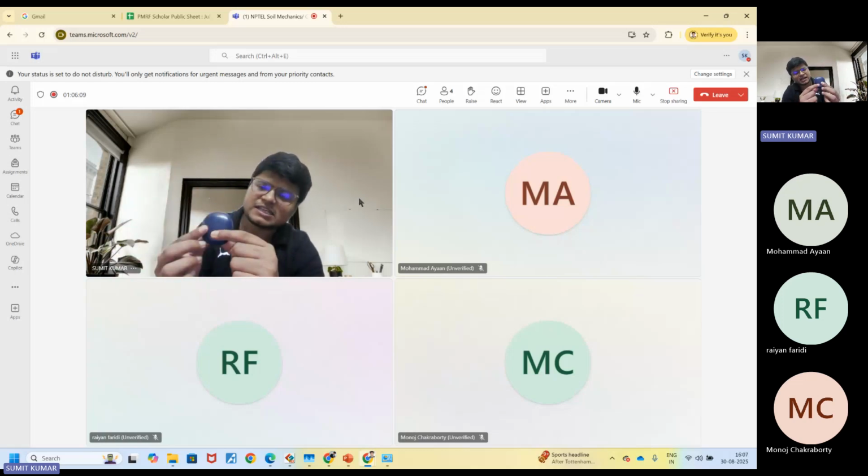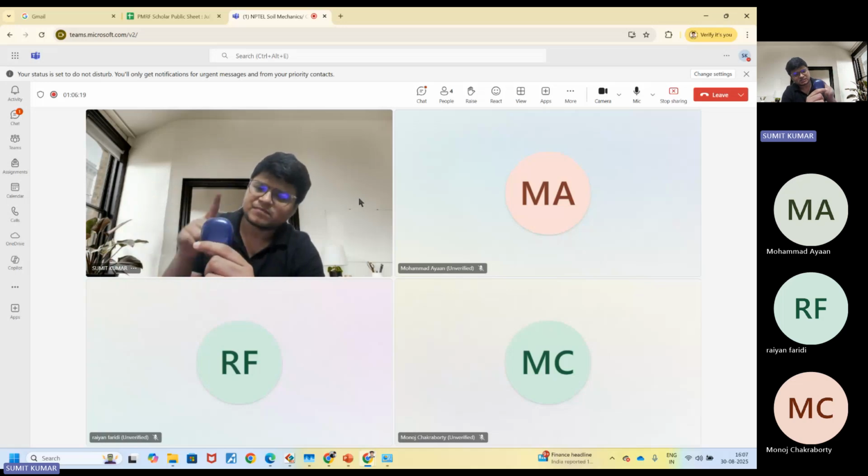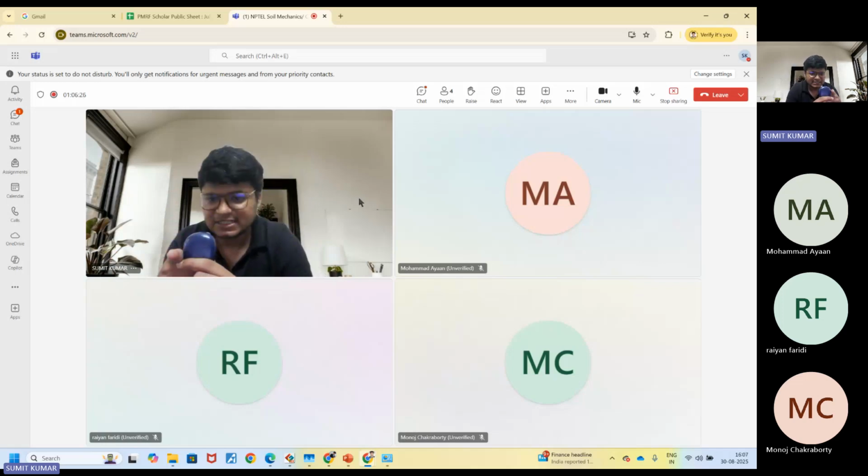Suppose this is the x direction, and the vertical direction is the z direction, and the direction into the screen is the y direction. So the stress applied in the horizontal x direction and in the direction of the screen is identical.